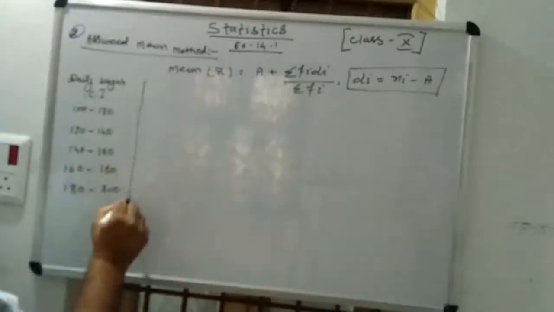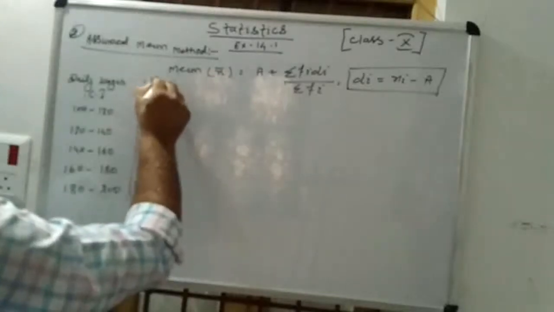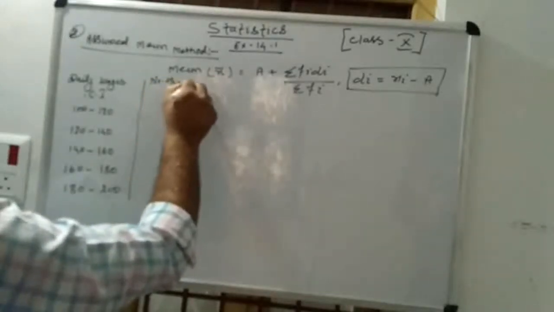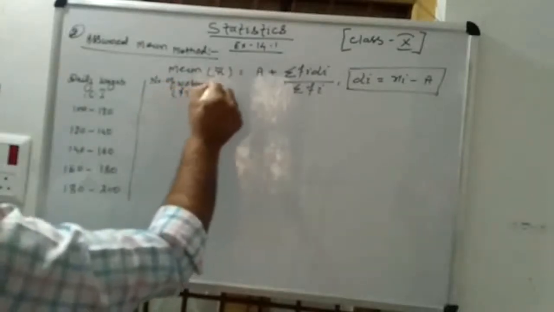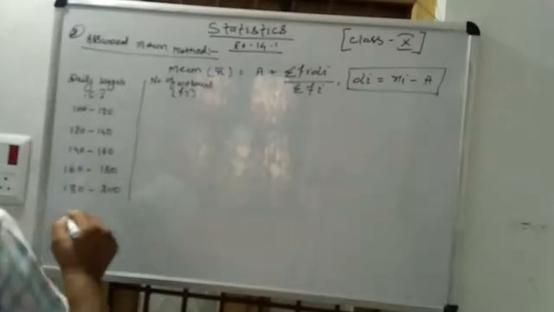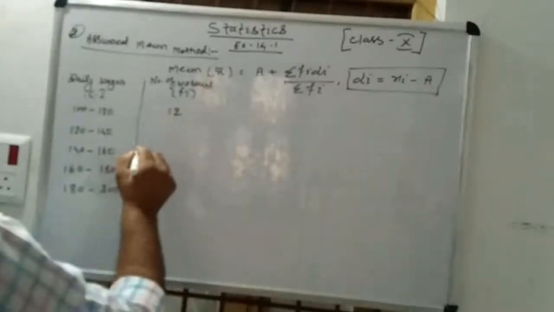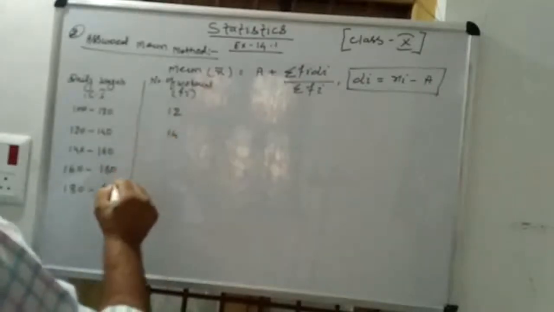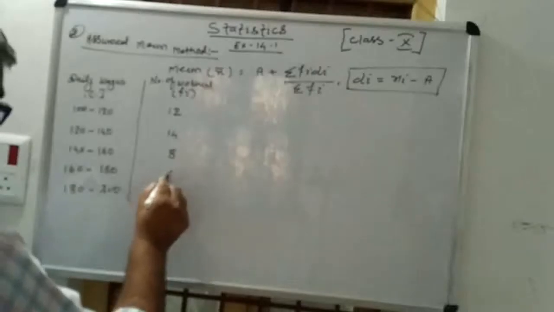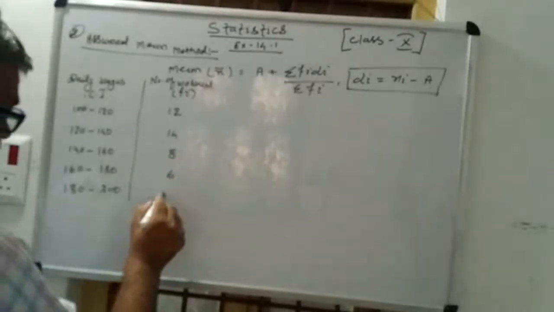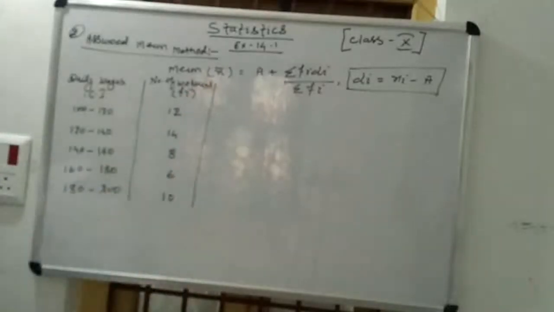And the number of workers, which is fi, is given as 12, 14, 8, 6 and 10. This is your number of workers.